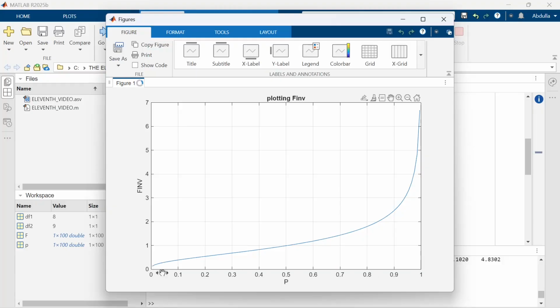The behavior from 0 to 0.9 is increasing, we can say slightly exponentially, but from 0.9 to 1 you see a sudden huge increase on the axis. On the y-axis it increases from 0 to 2 when P is 0 to 0.1, but from 0.9 to 1 it increased from 2 to 7.